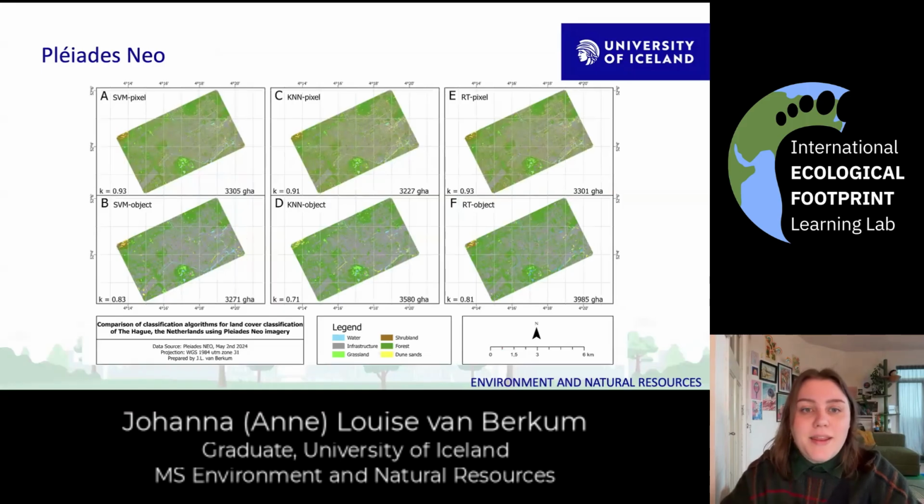Yeah, next slide. So these are the first results, well, the final results for Pleiades Neo. You can see each result as it is. They are lettered. They have a K value in the bottom left corner of each frame. That's an accuracy assessment.